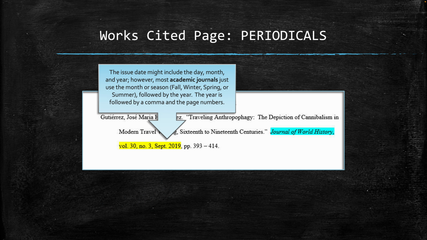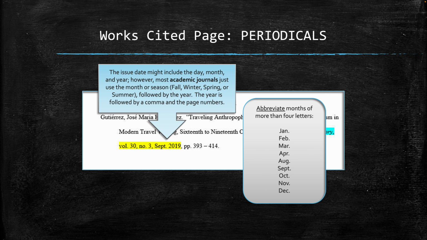The issue date might include the day, month, and year. However, most academic journals just use the month or season, fall, winter, spring, or summer, followed by the year. Abbreviate months of more than 4 letters. There's a list of them for you. The only one that is abbreviated with 4 letters is September. All the others are abbreviated with 3.